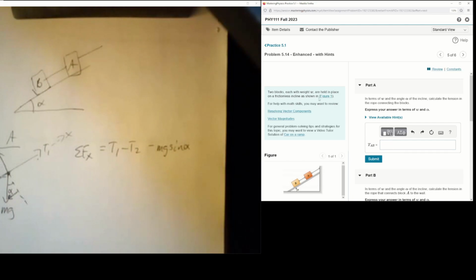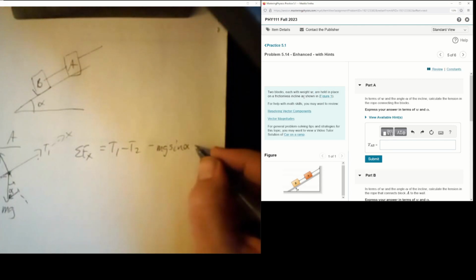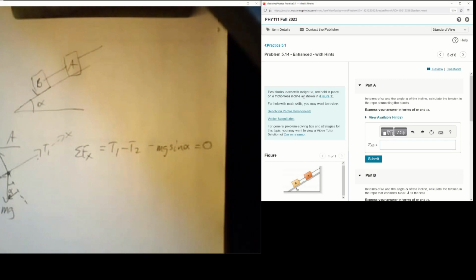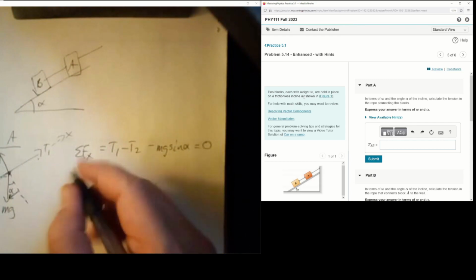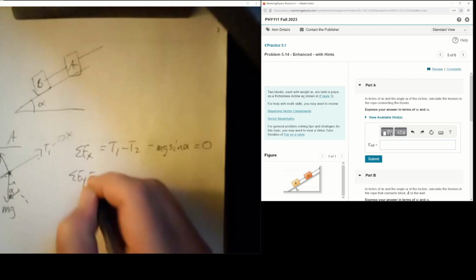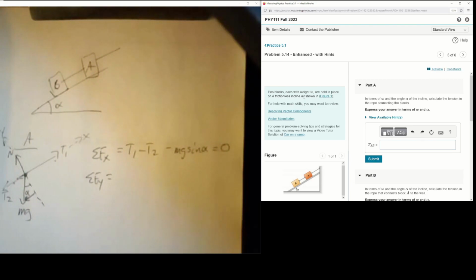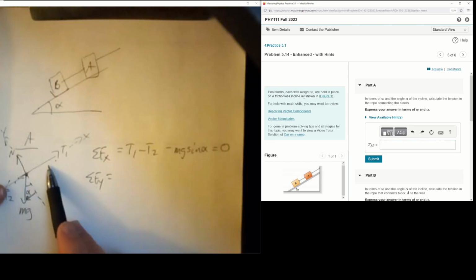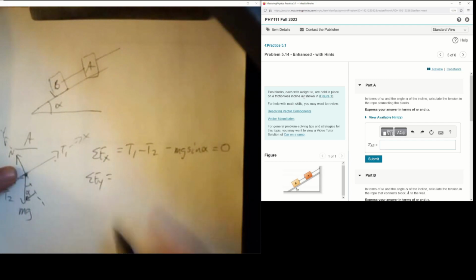And it does say the blocks are held in place, so they're not moving, which means the acceleration is 0. Looking at the y direction, so T1 and T2 have nothing in the y direction. Normal force completely in the y direction, positive.